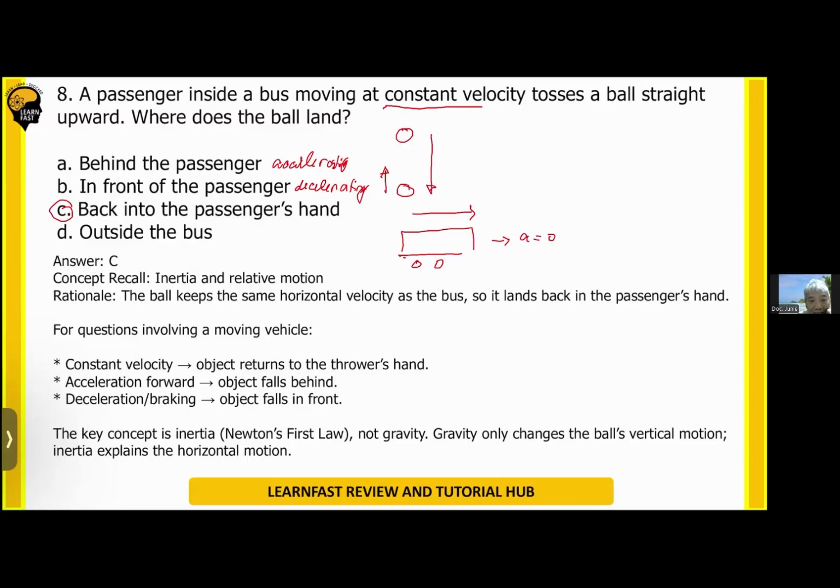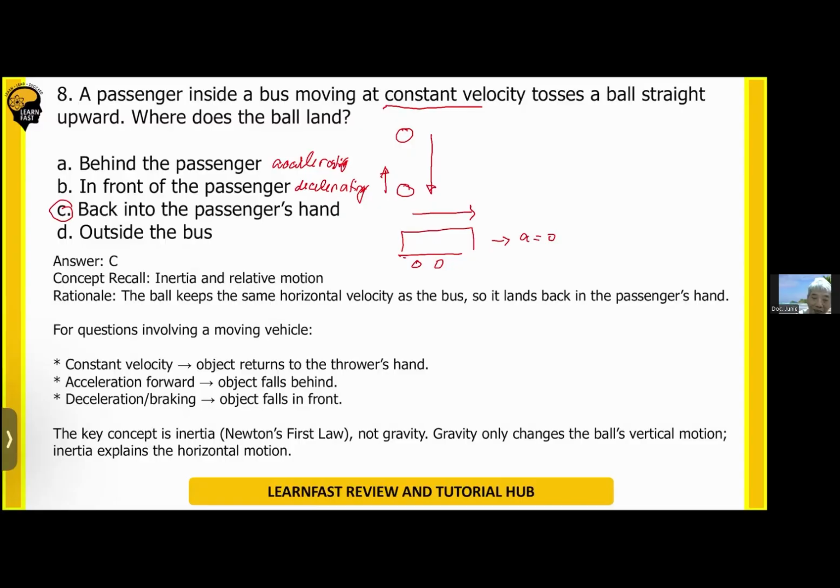Okay? Clear? So the key concept is inertia, which is Newton's first law of motion. It is not gravity. Gravity will only change the ball's vertical motion. Inertia explains the horizontal motion. Diba? Tama? So sabi ni inertia, yung bola, meron siyang mass. So yung bus, gumagalaw horizontal.